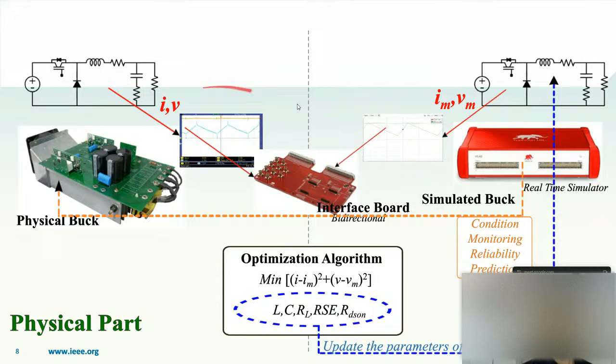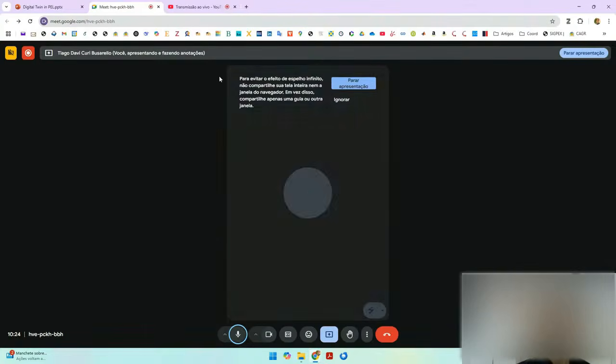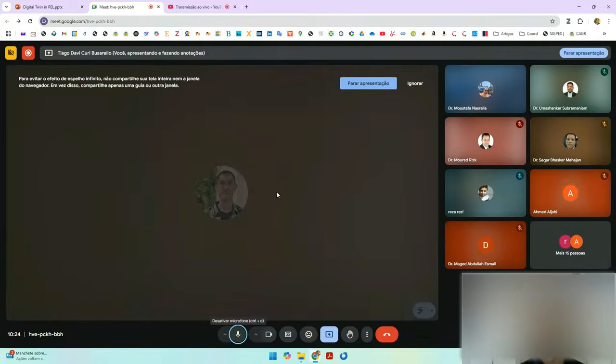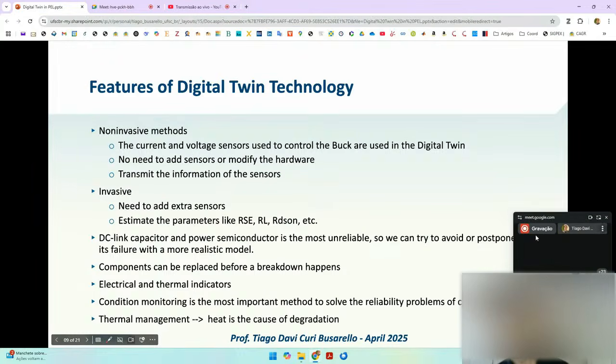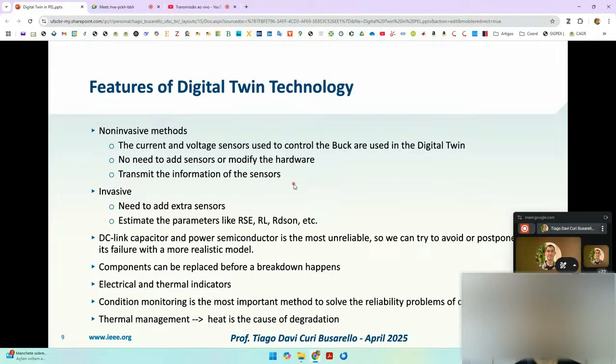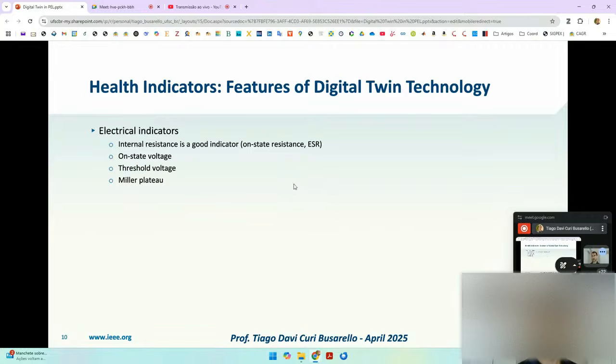No, I have moved. Let's see. Yes, it seems something happened here. Let's see. What do you see now? Yes, let's return here.